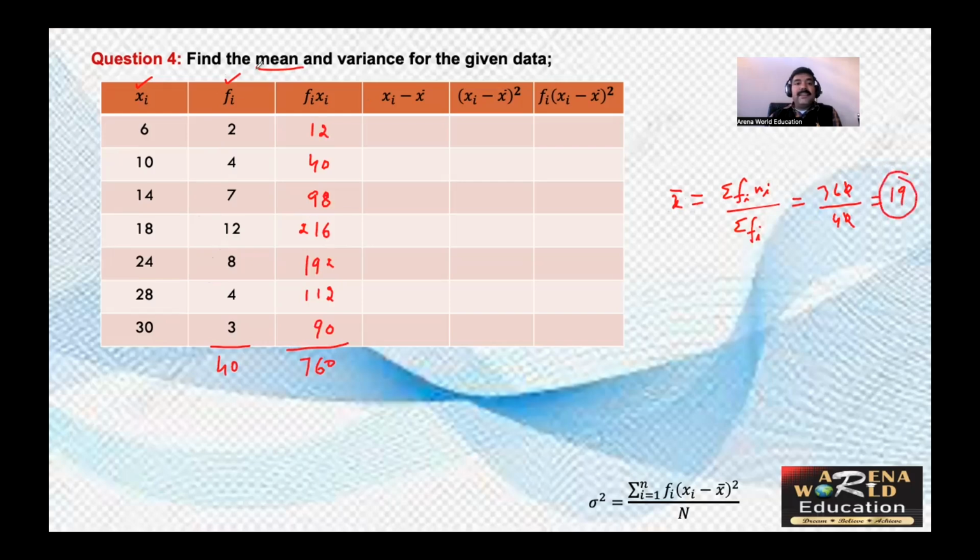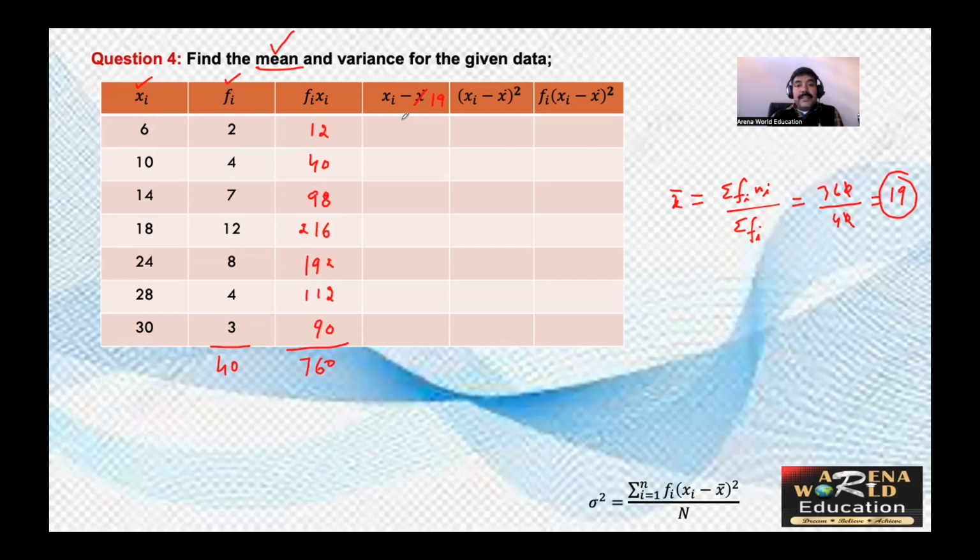And 19 is the required mean, right? Now coming to variance, the first step is we have to find xi minus x bar. And x bar is 19. So we will find the difference of each xi with 19.